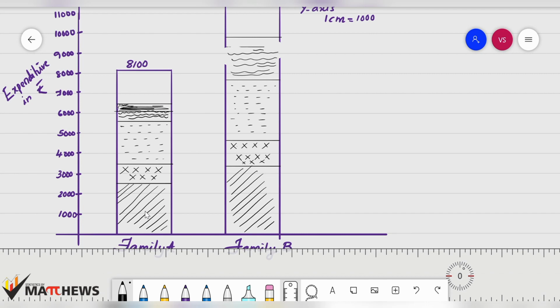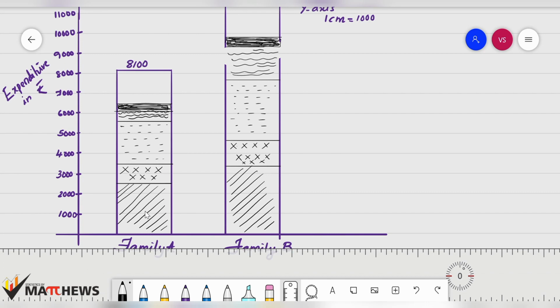I'll shade it with a different color. This one also I can shade with a different color. And the last left out I will leave as it is. That also can be a kind of design for us.